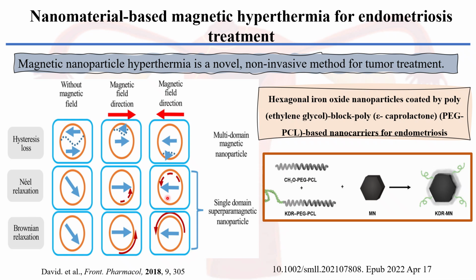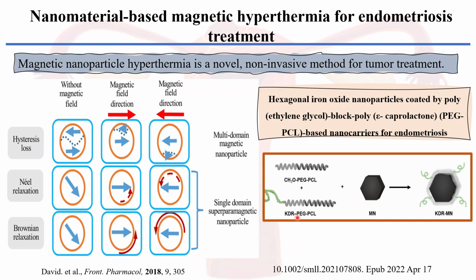They developed a hexagonal iron oxide nanoparticle coated with polyethylene glycol and PCL, polycaprolactone, as a nanocarrier, which was then modified with a peptide to target the vascular endothelial growth factor receptor 2, or KDR. The developed nanoparticle had the advantages of high targeting efficacy and heating effect to endometriotic cells.